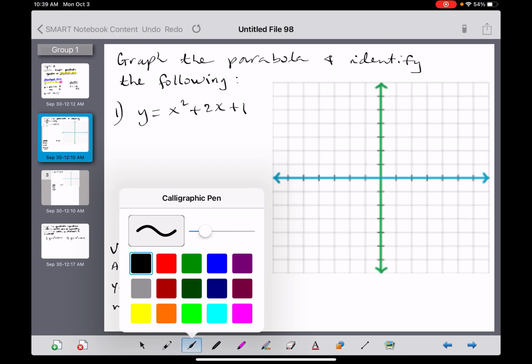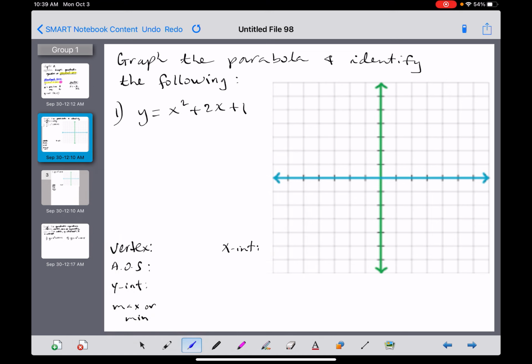In number one, it is already in standard form, so we're going to identify a, b, and c. a is 1, b is 2, and c is 1. Now we're gonna plug into the vertex formula, x equal to negative b over 2a.